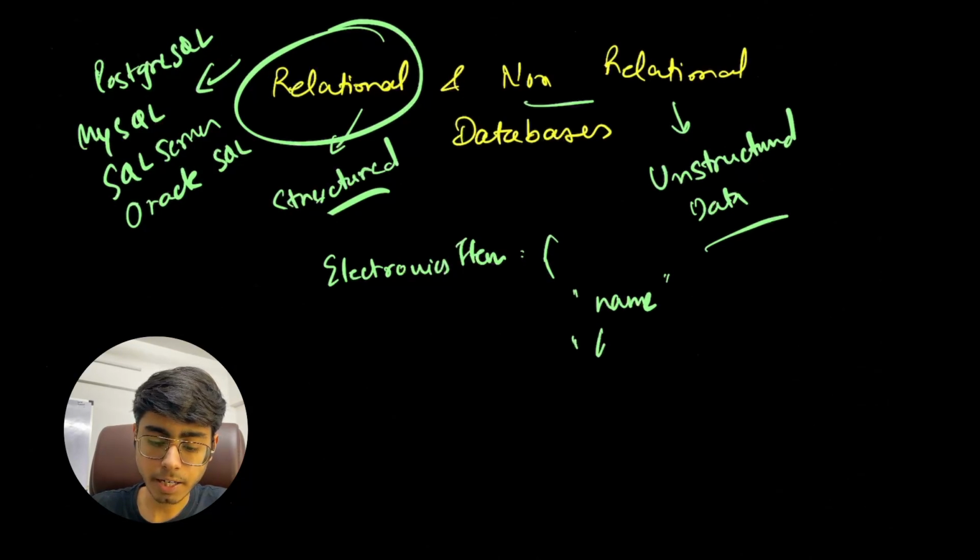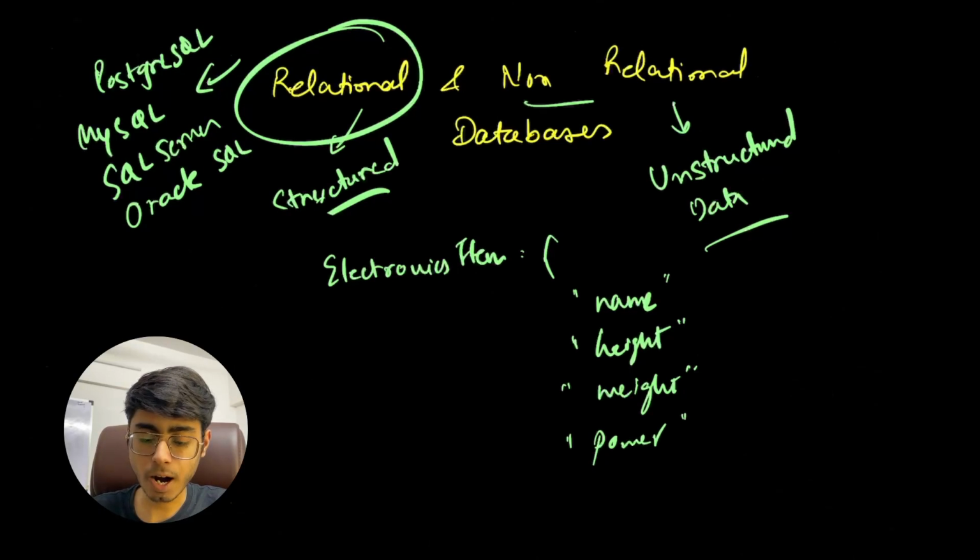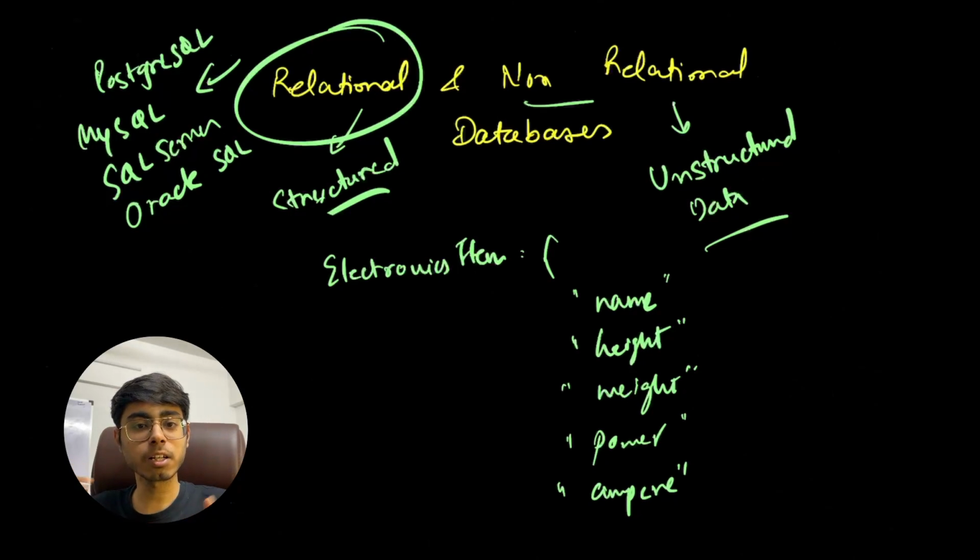It is going to have a height, a weight, and a power, like how many watts it consumes or at what ampere this device works. Then screen ratio, the aspect ratio of the screen. So that might be there.